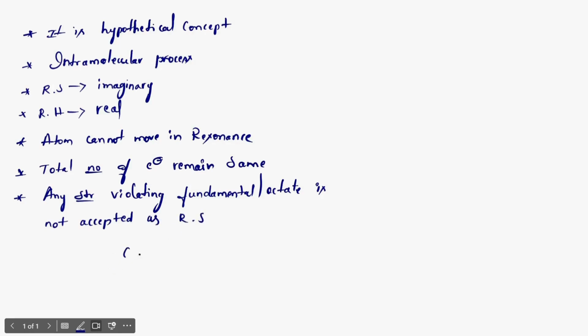For example, carbon always will be having 4 bonds, right? Writing 5 bonds to carbon is the violation of octet rule or a fundamental rule. Those types of structures will not be accepted as resonance structures. This is about some important points of resonance.